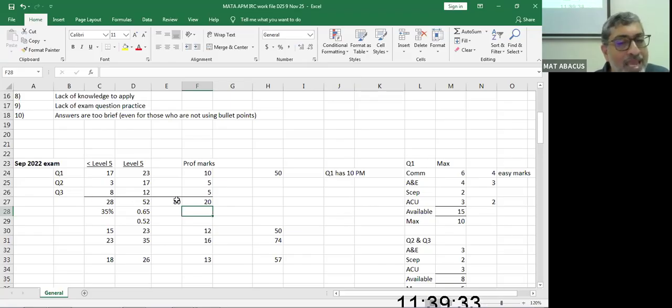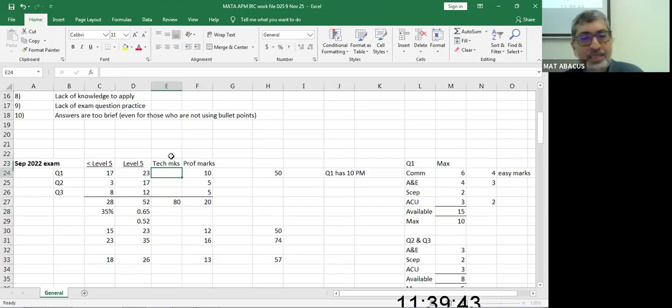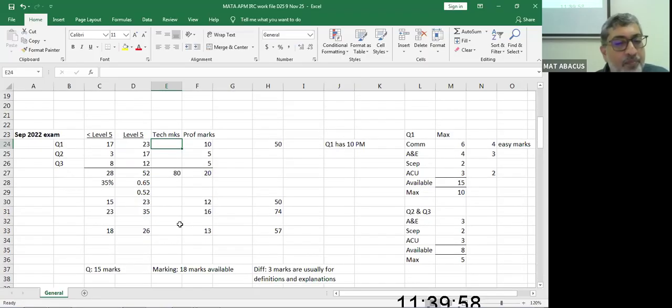So we're getting this kind of breakdown: 80 technical marks and 20 professional marks. Okay. So basically, if a student is going to aim at the minimal level, the 20 marks are the ones that we think technically are the easiest.